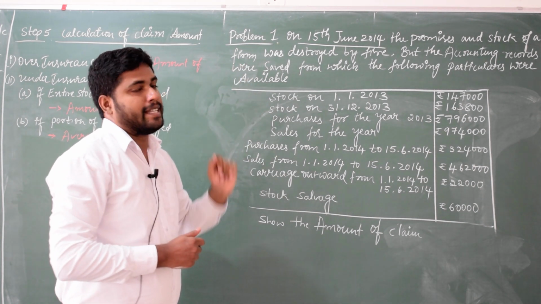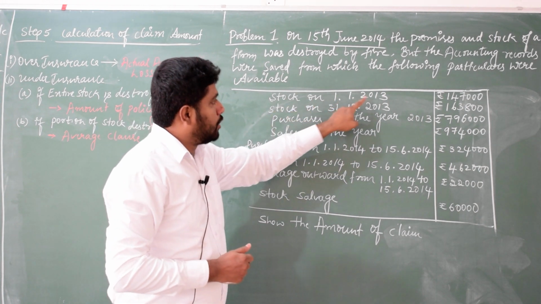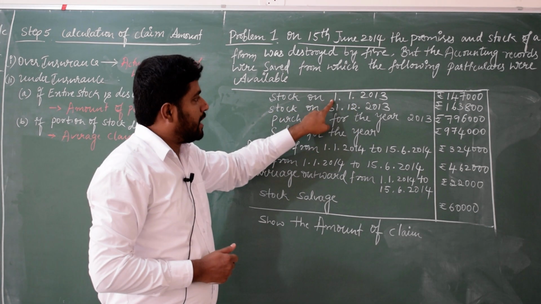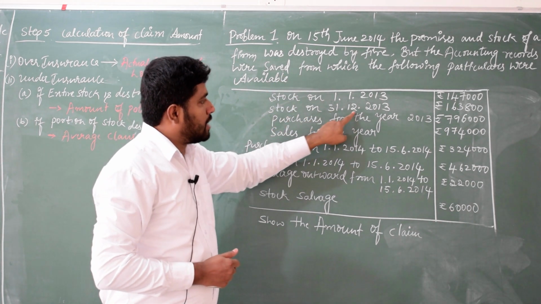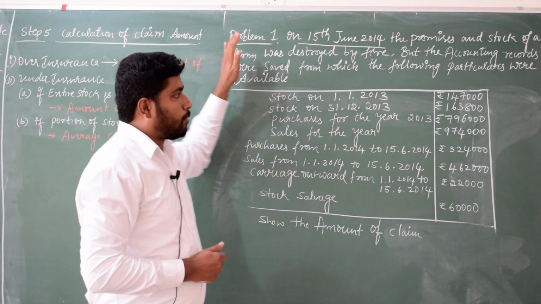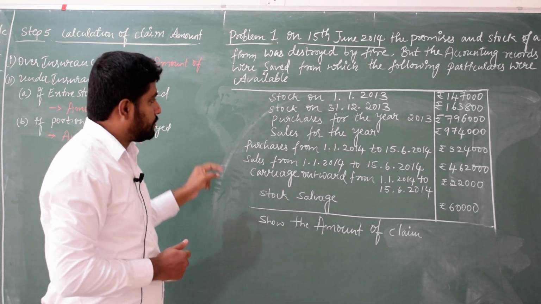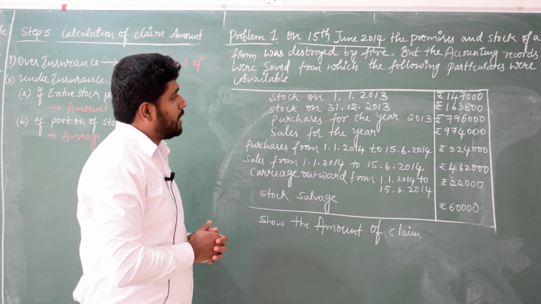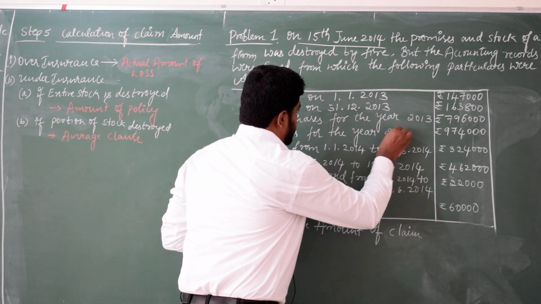This problem is given under the calendar year, because the stock on 1st January 2013 is given, and the closing stock will be 31st December 2013, which means the problem is given under the calendar year and not the financial year. Next, purchases for the year 2013 and sales for the year 2013.